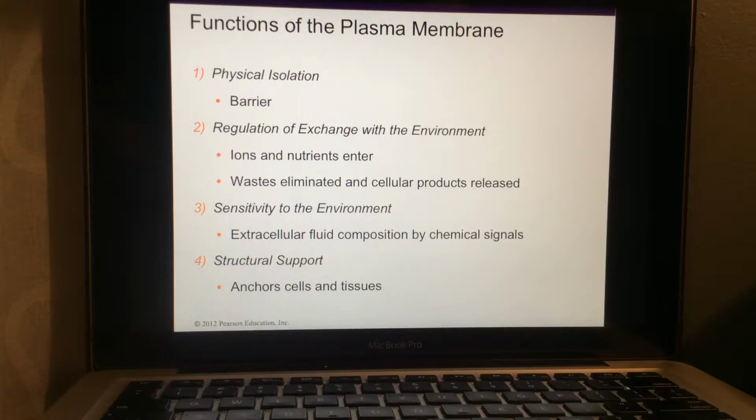And then lastly, the plasma membrane is going to anchor the cells and tissues. For example, skin cells at the outermost surfaces are going to be very tightly attached to one another, but others at the deepest level are going to be very tightly attached to extracellular proteins.